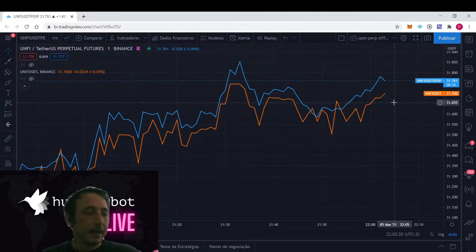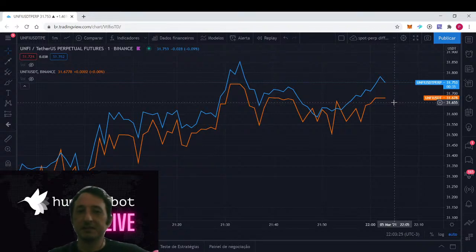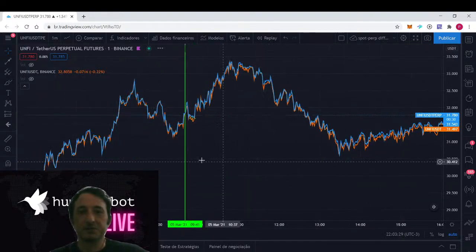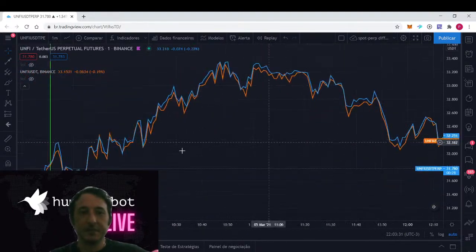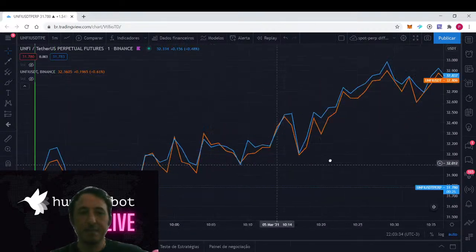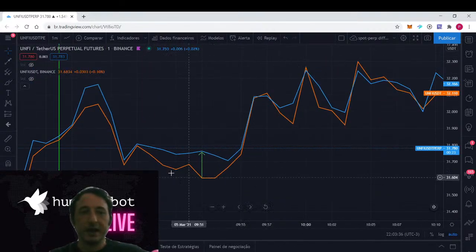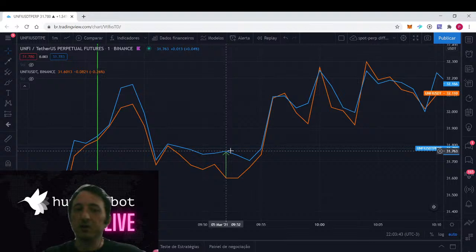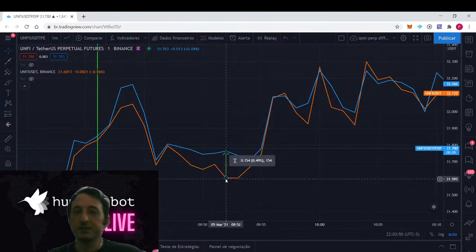So you can capture the spread between markets. A good example I can show here of what would happen with the strategy: at this point in time, the price on the perpetual market would be 31,763, while on the spot market the price would be 31,602.